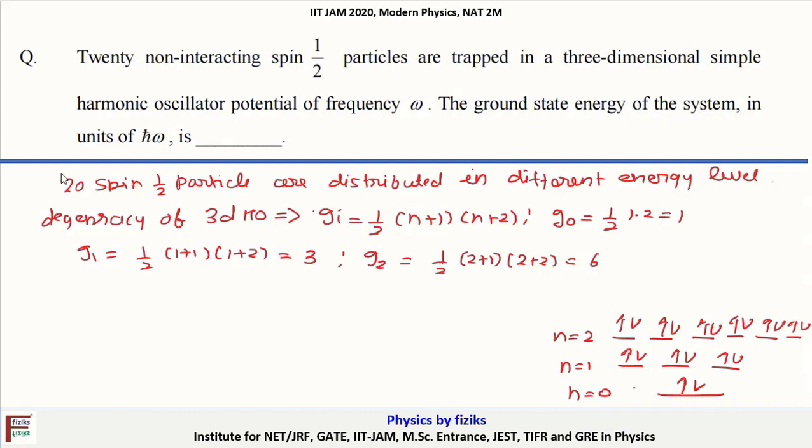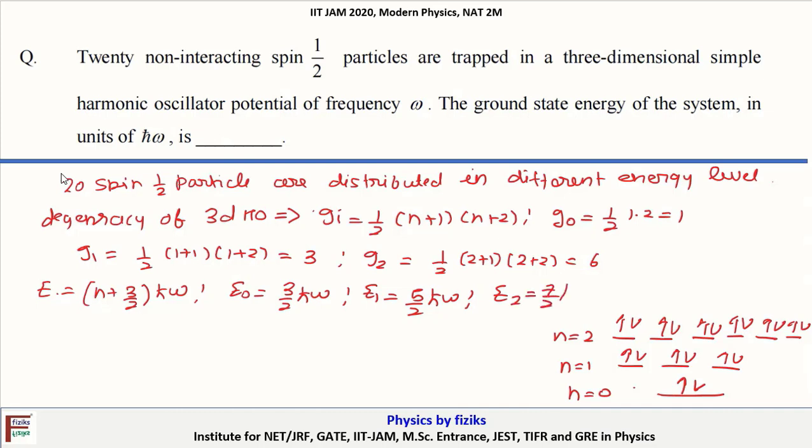For 3DHO, the energy would be (n plus 3 by 2) h cross omega. So for n equals 0, E0 would be 3 by 2 h cross omega. For n equals 1, we would have 5 by 2 h cross omega, and for n equals 2, we would have 7 by 2 h cross omega.